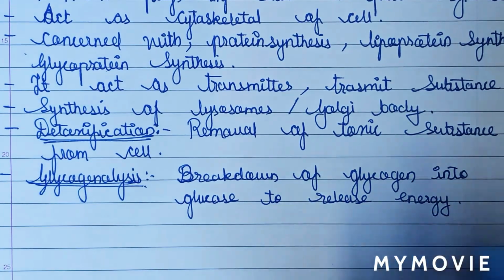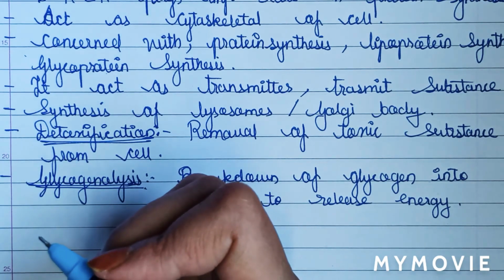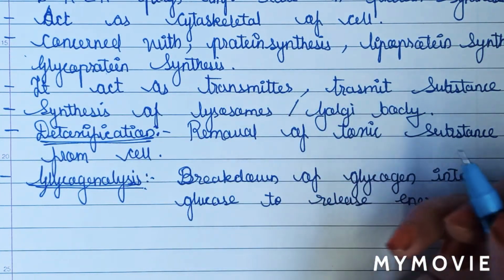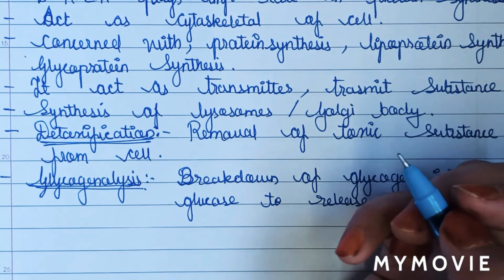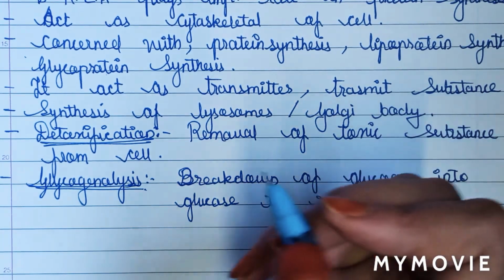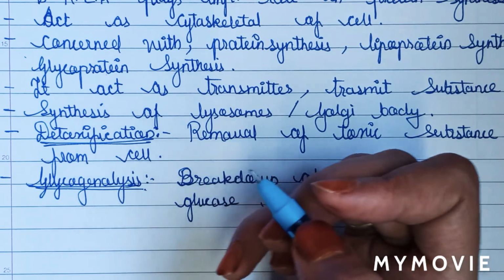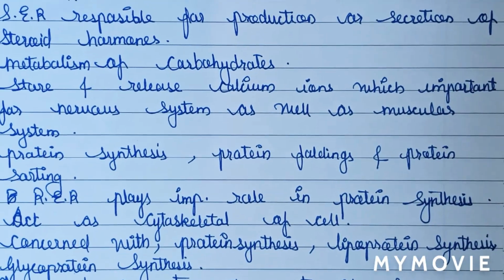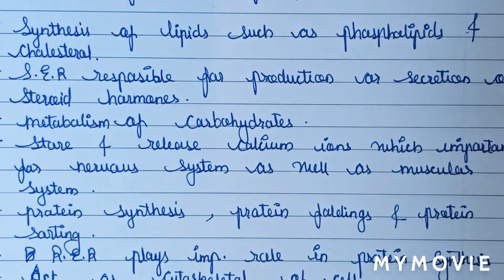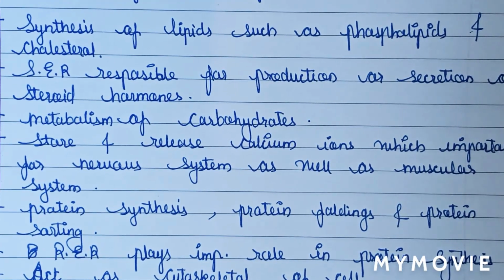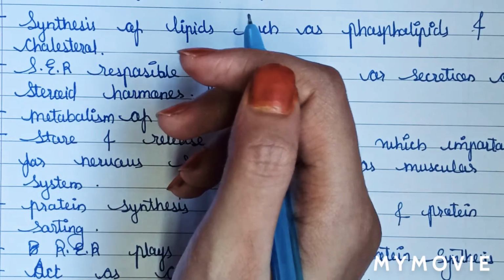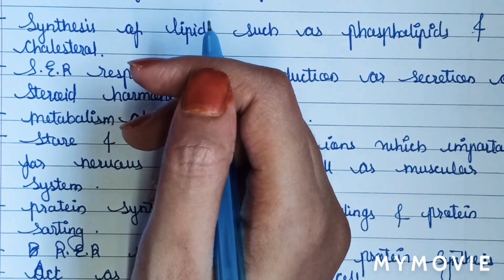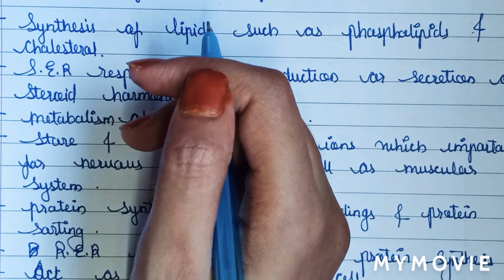So this was the common functions of endoplasmic reticulum and the types or the forms of endoplasmic reticulum. The types or forms of endoplasmic reticulum are smooth endoplasmic reticulum and rough endoplasmic reticulum. Rough endoplasmic reticulum is more stable than the smooth endoplasmic reticulum, and smooth endoplasmic reticulum is less stable than the rough endoplasmic reticulum.